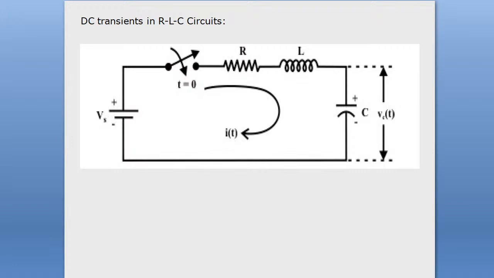So the fundamental difference between a RC or RL circuit and a RLC circuit is that an RC or RL circuit can be described by a first order differential equation, but for the RLC circuit we need to use a second order differential equation because the circuit has two energy storing elements, one is the inductor and the other is the capacitor.